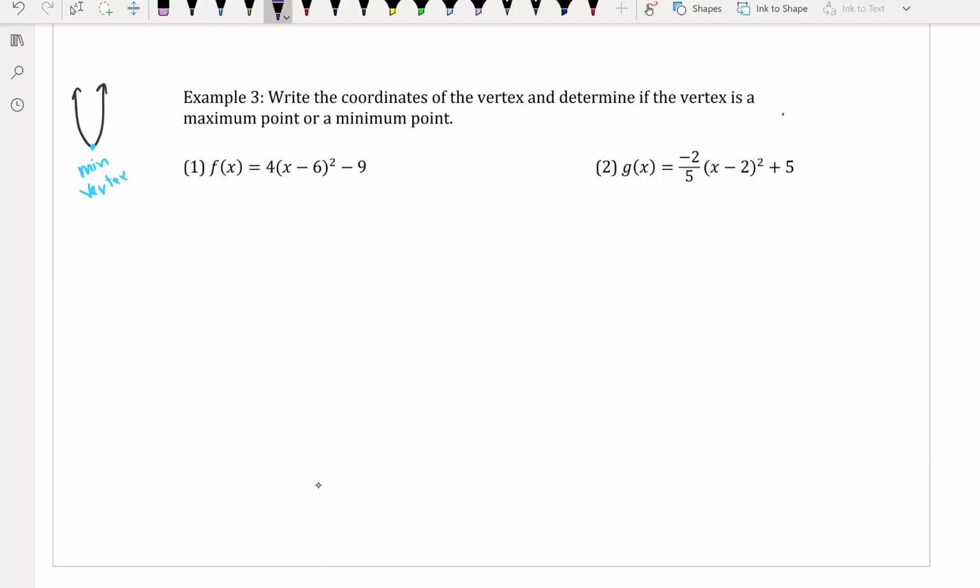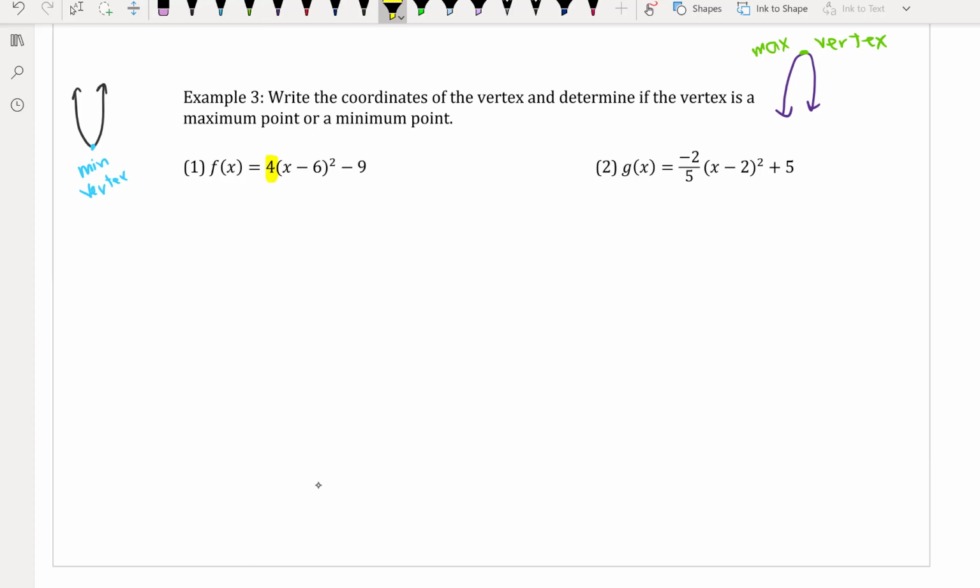Now, if I were to have a negative parabola, then that point would be a maximum point for the vertex. So it just depends on whether I have a positive or a negative parabola. And that's always going to be with the a value, the number out in front.